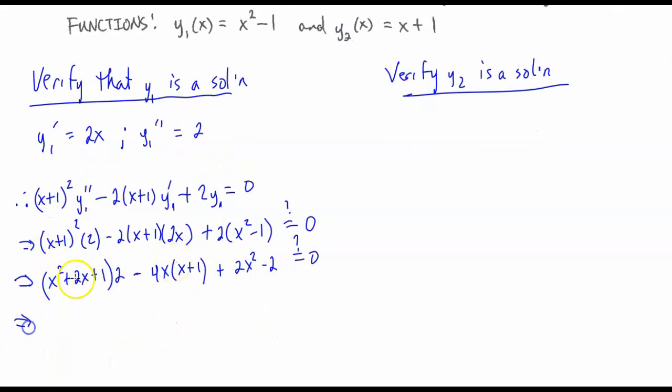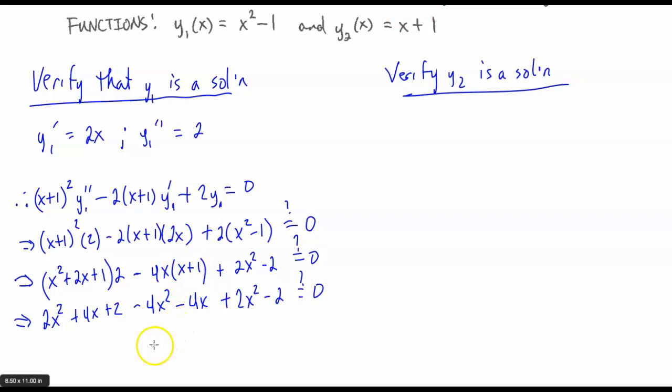So continuing on, distribute this 2 to all 3 terms there. And then we'll have minus 4x squared minus 4x plus 2x squared minus 2. Does that equal 0? Okay. So now if we look here, first thing I see is that the 2x squared and another 2x squared here will cancel out with minus 4x squared.